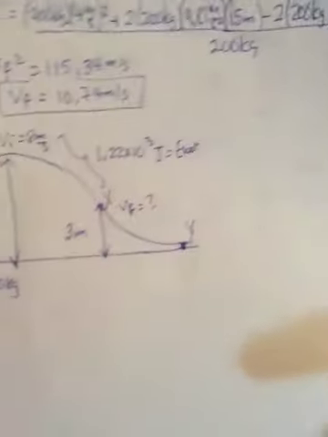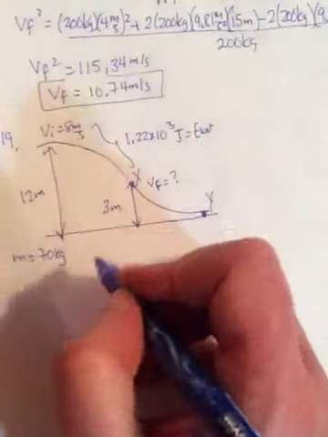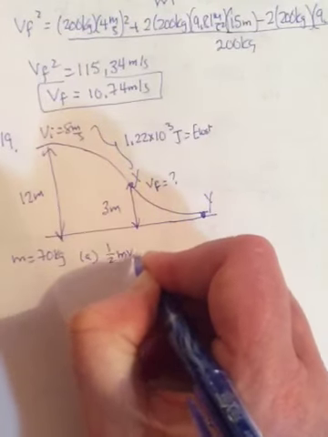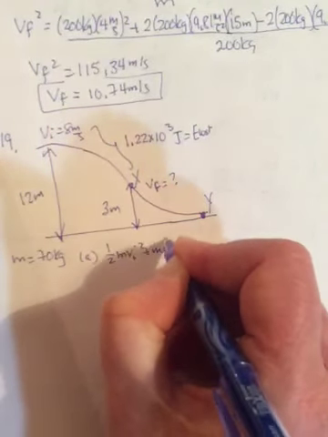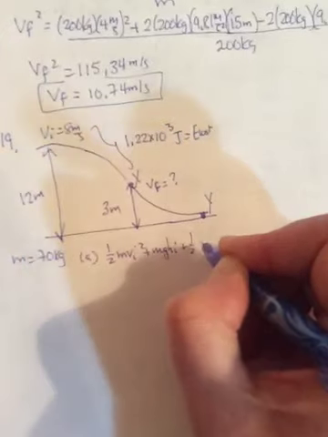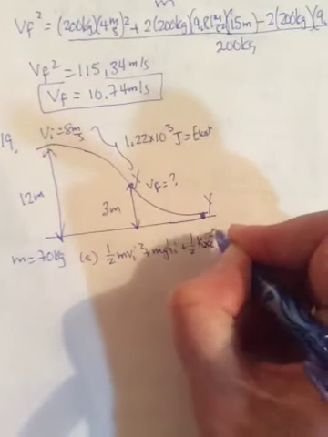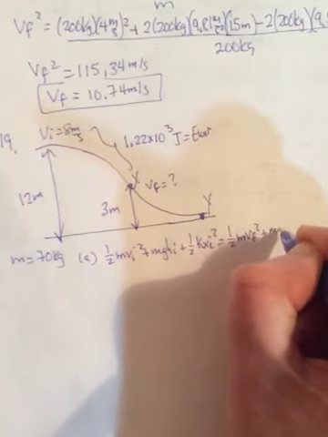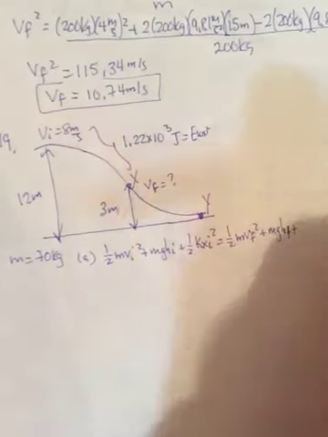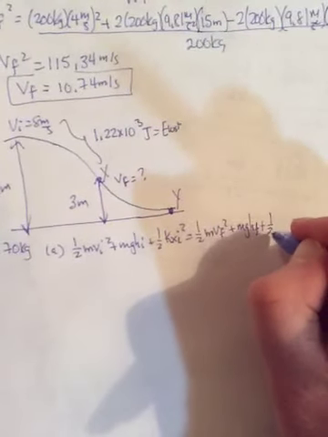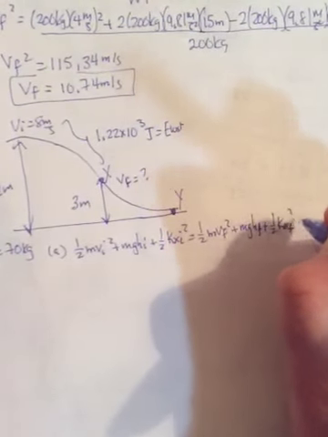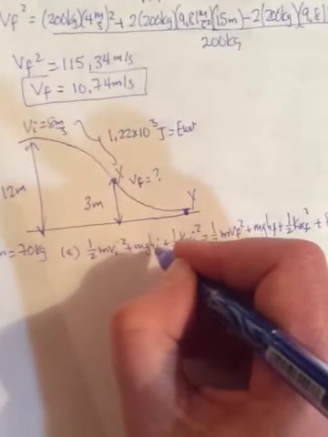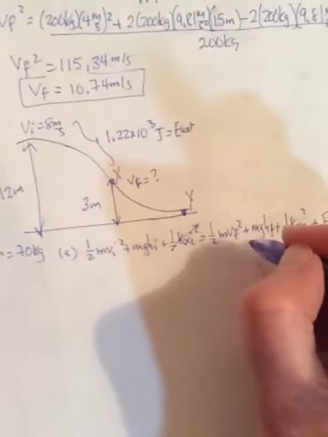Okay, so it's going to be very similar again to what we just did. It's going to be 1/2 mv initial squared, mgh initial, 1/2 kx initial squared equals 1/2 mv final squared, mgh final plus 1/2 kx final squared plus E lost. So at the top, there is a speed, there is a height, there is no spring.